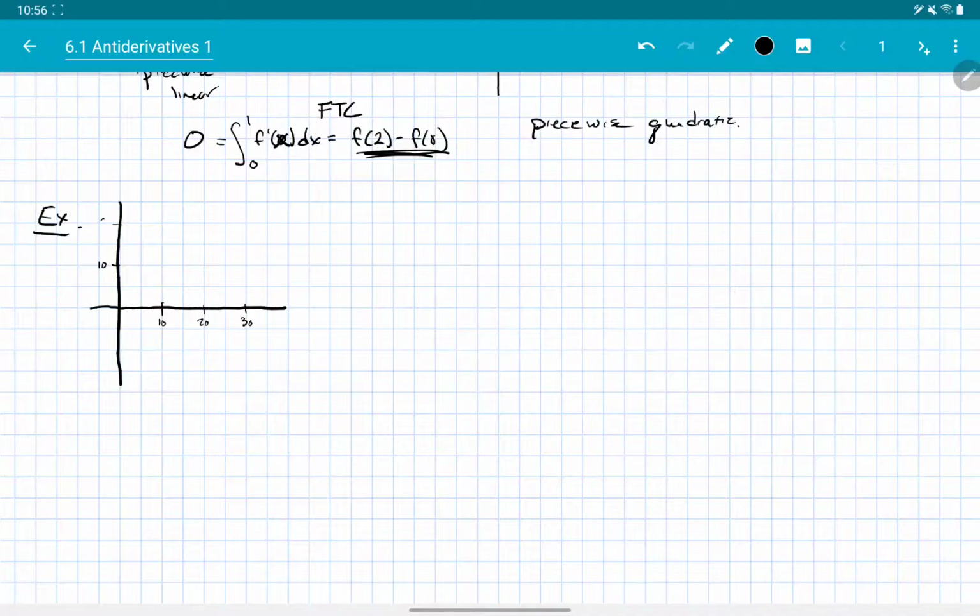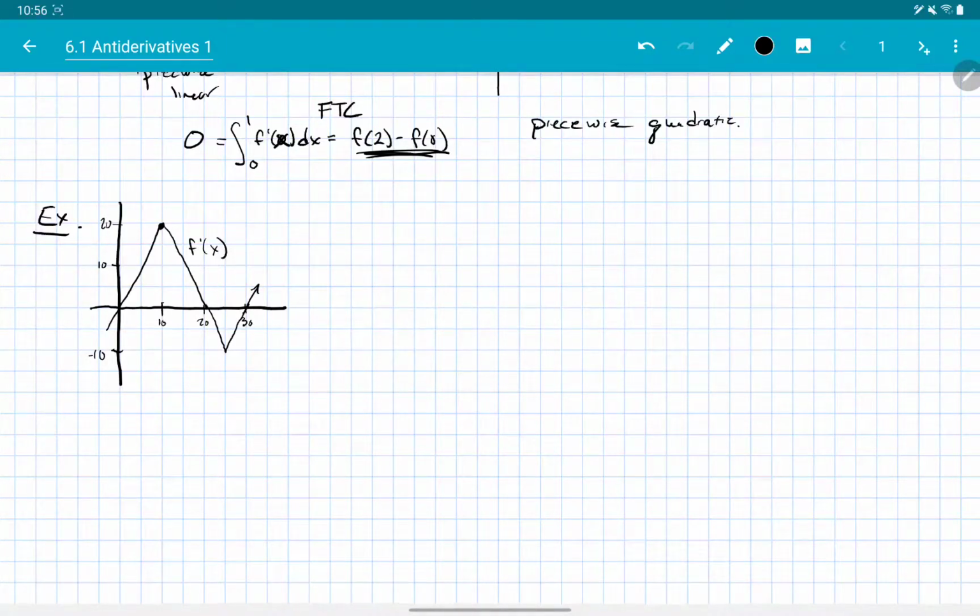I'm going to go up like that. And then at 20, we're going to be back at 0. Then we're going to cut down and go back up to 30, like that.